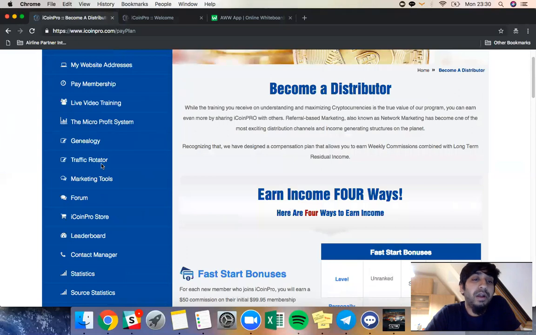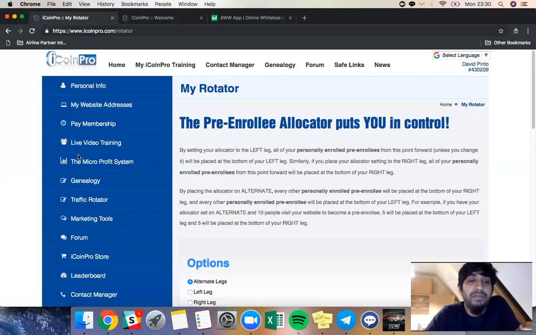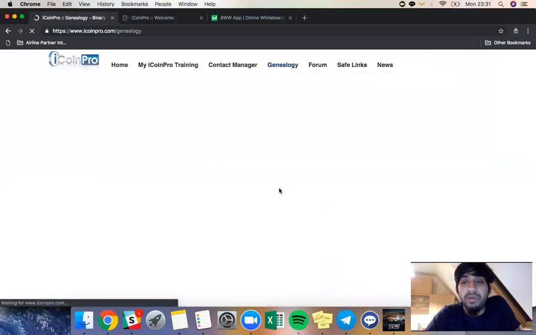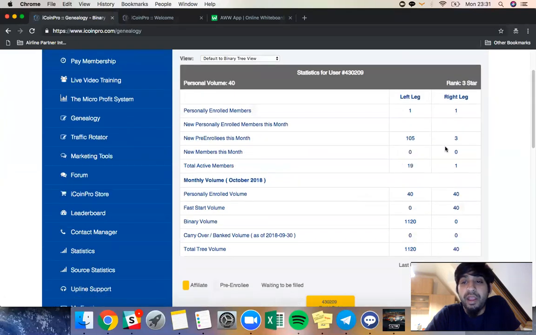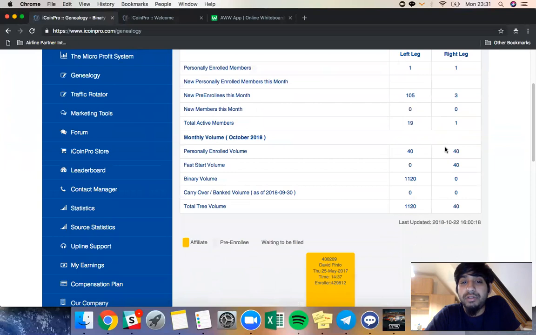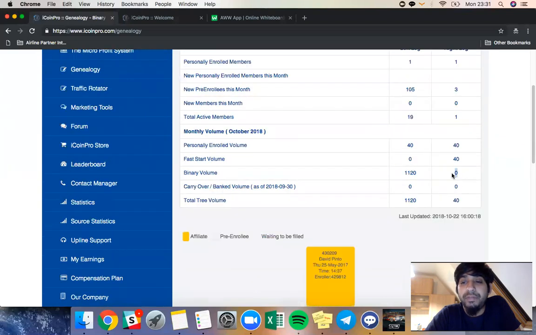There is a traffic rotator right here. I'm just going to briefly show you guys, which is connected to the compensation plan directly. You can have it on alternate legs if you're just building out. Or for example, if you're like me and you already have a few people on the legs, you can see right here I have to even it out, so I would actually put more people on the right leg at this point of time.